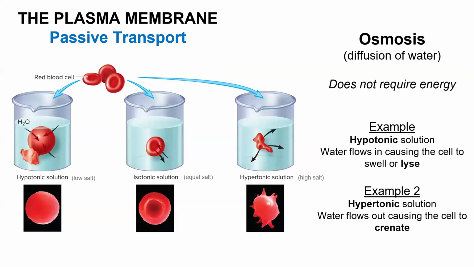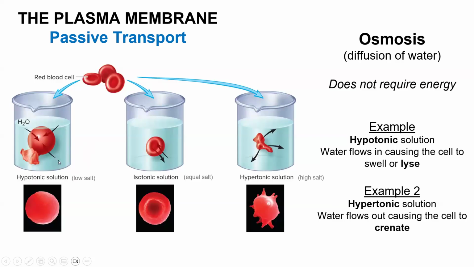So the water has to move into our cell, and that's going to cause our cell to expand. If our cell expands too much, it can burst, which we call cell lysis. If a cell lyses, that means it ruptured or was destroyed.